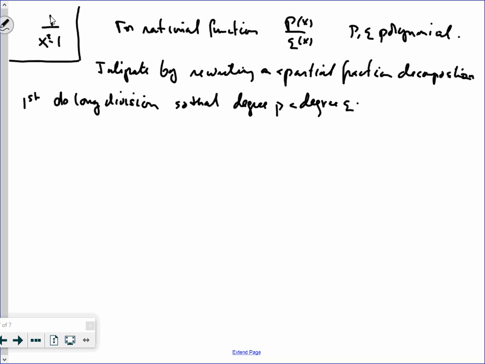You don't want an x cubed over an x squared. So I'm going to assume that that's already done. Then whatever the polynomial in the numerator is, its degree is less than what's in the denominator. Factor the denominator completely.